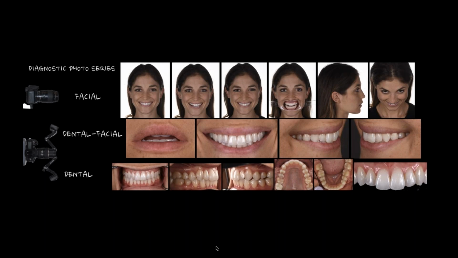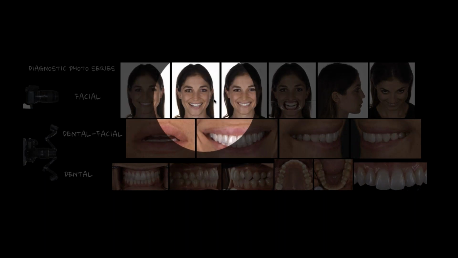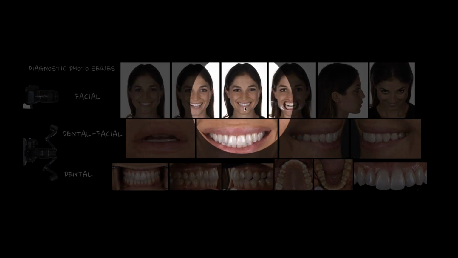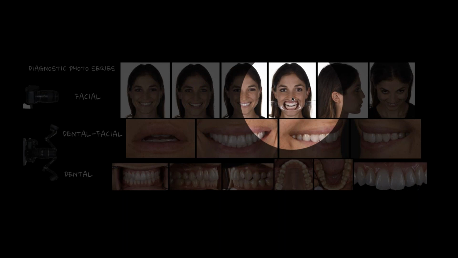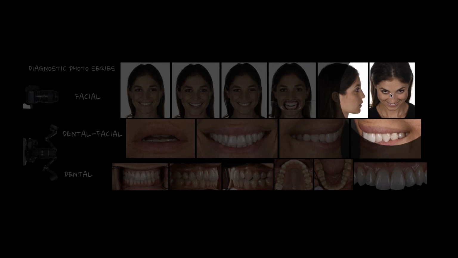I'm going fast because I don't want my program to back out on me again. My headshots are basically full smile, open mouth, what we call a Duchenne smile. This is when we make the patient smile as big as they can and the eyes almost close a little bit. Then a full retracted photograph, full face, left profile, right profile, you could take both. And then something we call the midnight shot.